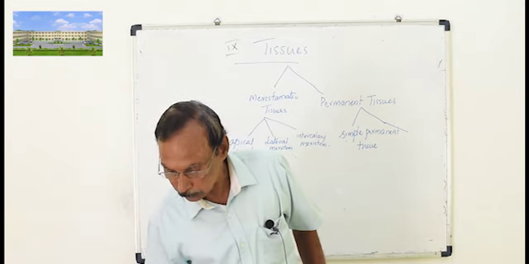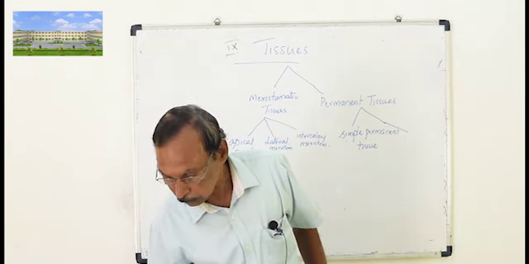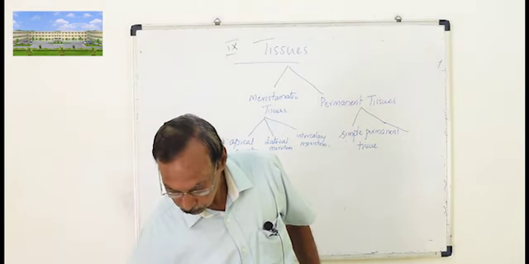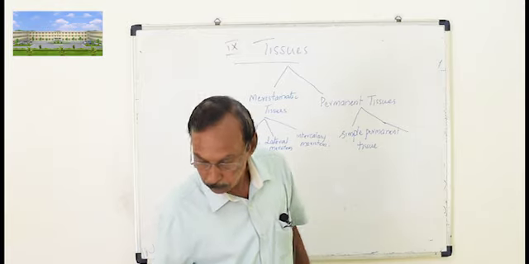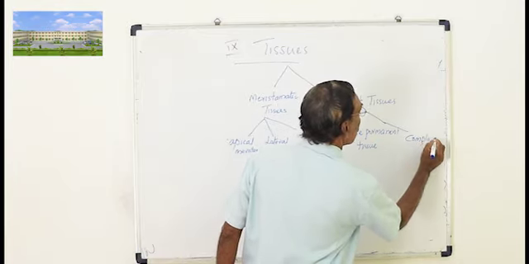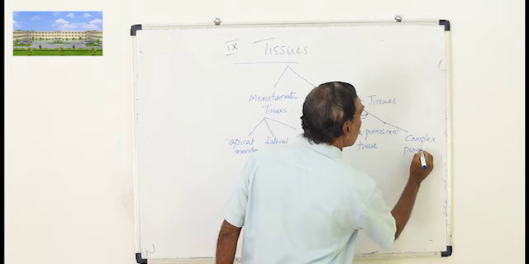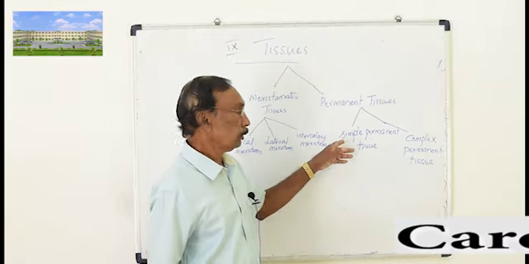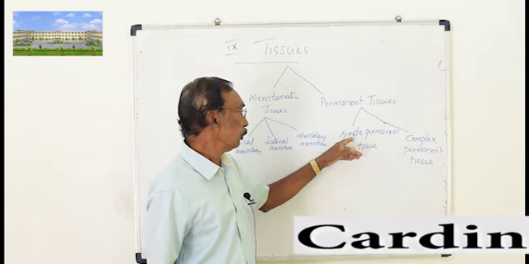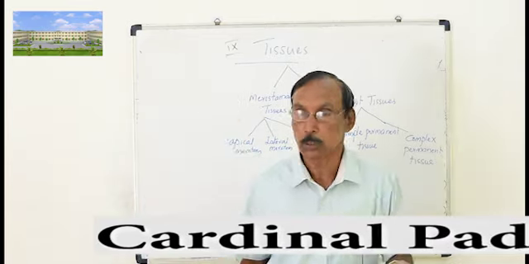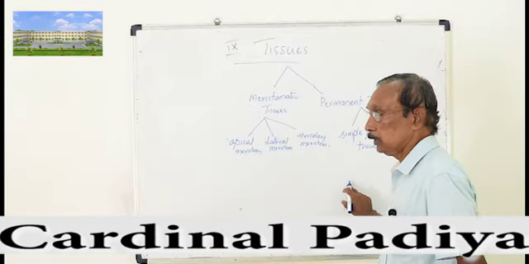Simple permanent tissue we have already finished. We studied the important types of simple permanent tissue, which include parenchyma, collenchyma and sclerenchyma.